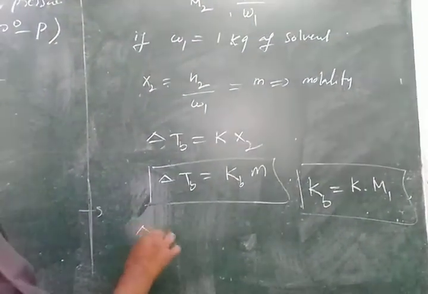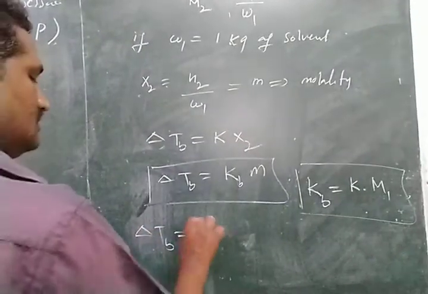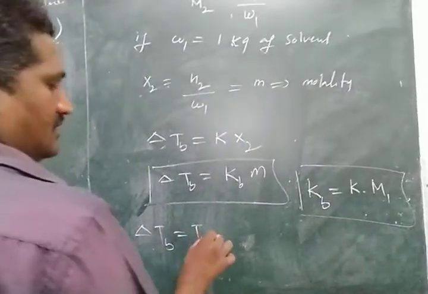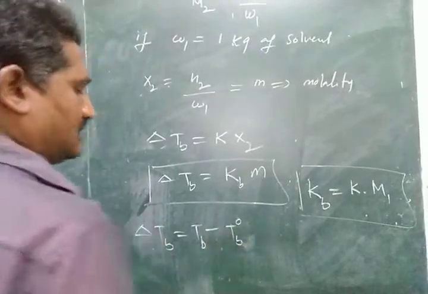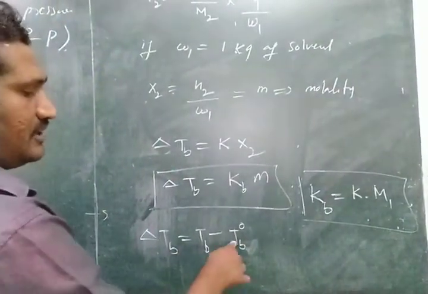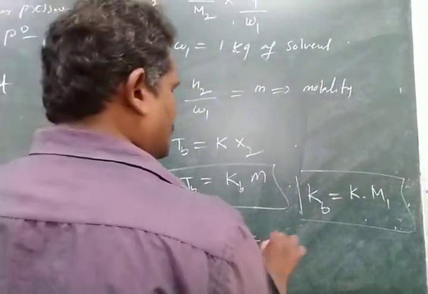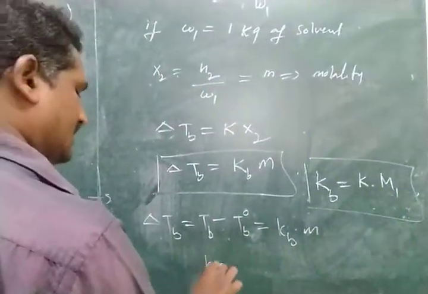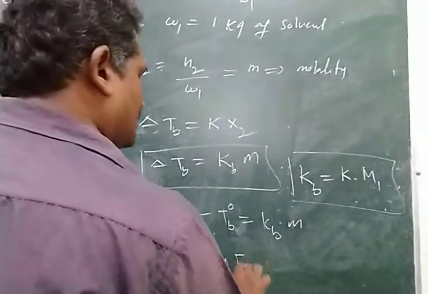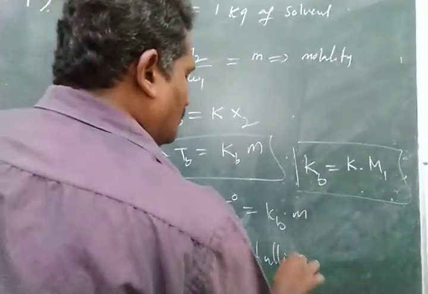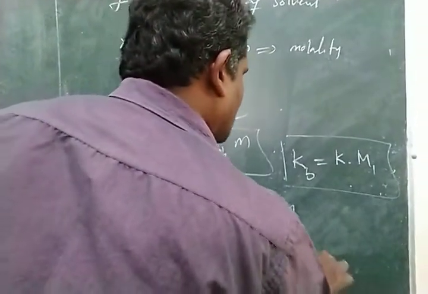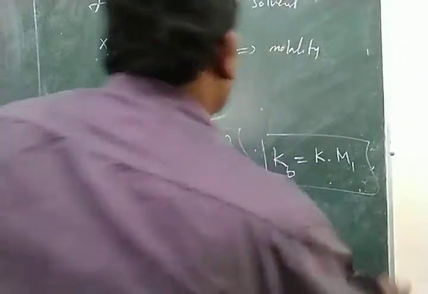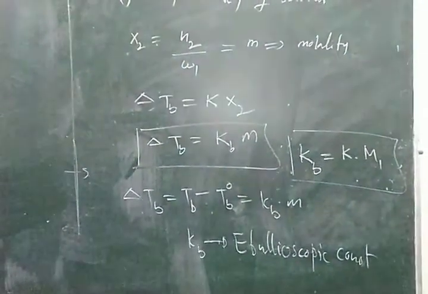So delta TB equals TB minus TB naught, where TB is the solution boiling point and TB naught is the solvent boiling point, equal to KB into molality. Here KB is the ebullioscopic constant, and m is the molality.